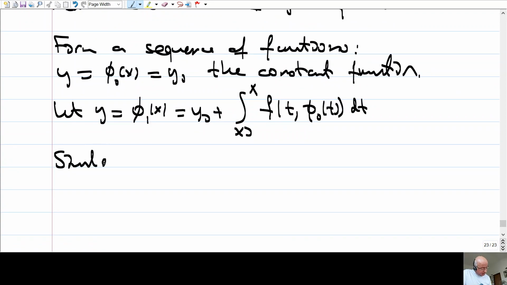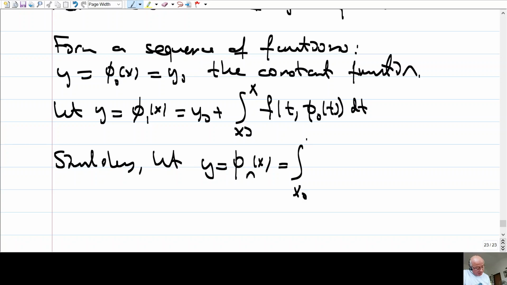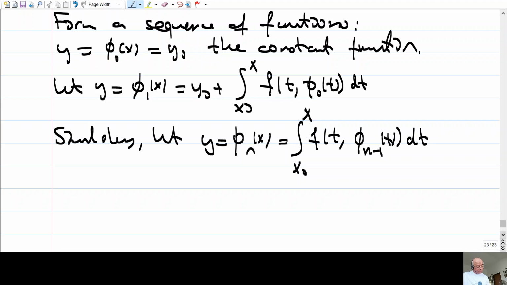Similarly, let y equals phi n of x to be just this expression, y0 plus the integral from x0 to x of f of t, and then here I will put phi n minus 1 of t dt. So inductively I can build this sequence, okay?